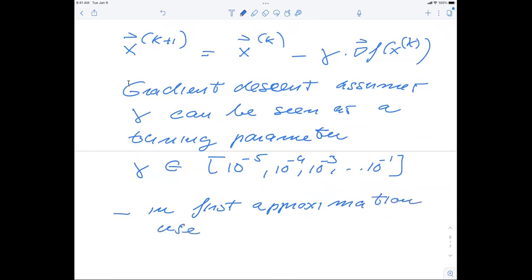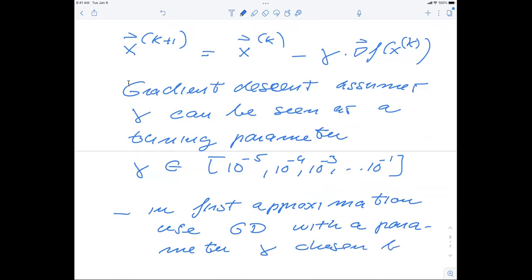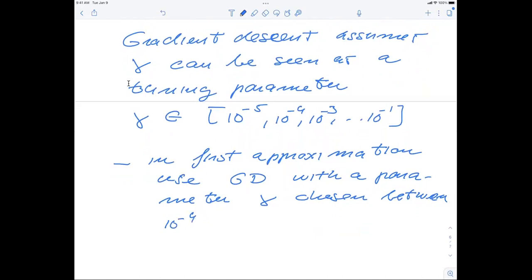We are going to call this GD, just gradient descent with a parameter gamma chosen between something like 10 to the minus 4 to 10 to the minus 1. And then just see that your derivatives, the calculation of the derivatives, is functioning correctly, so it's moving the way you want it to move. And then when you have that, you can move on to more sophisticated methods.